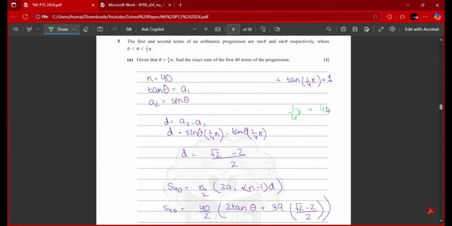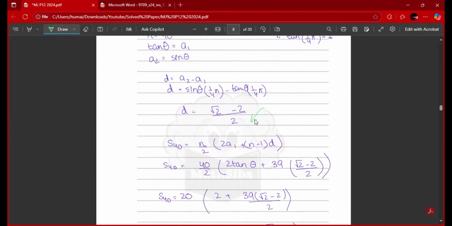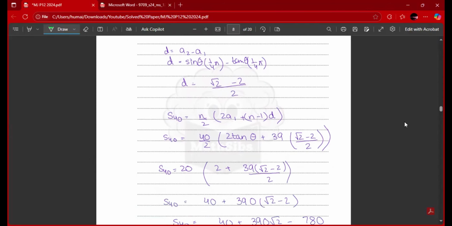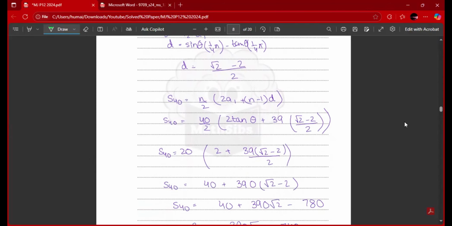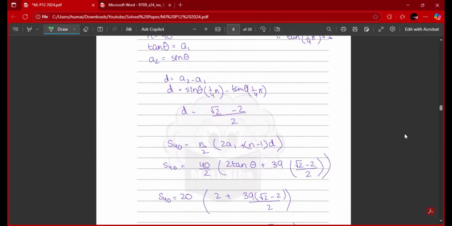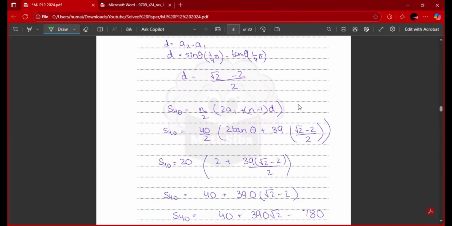It's 45 degrees. Okay. So now solving this part, you could just put it in your calculator straight away and solve it. You'll get the value of d. Now we have d. And we do have a formula to find the sum of an arithmetic progression, which is this thing written right over here.